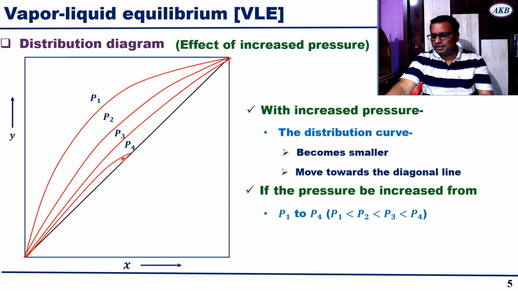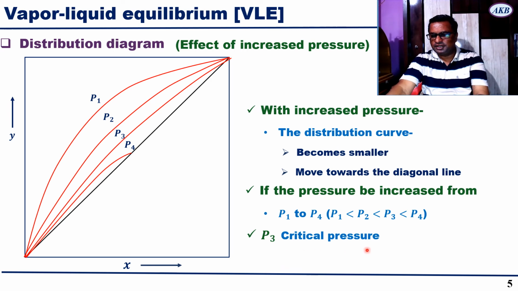So in this case, P3 is the critical pressure of one of the components, and beyond that pressure, the distribution curve will not exist. Beyond critical pressure, for example in this case at P4, the distribution curve is not existing.